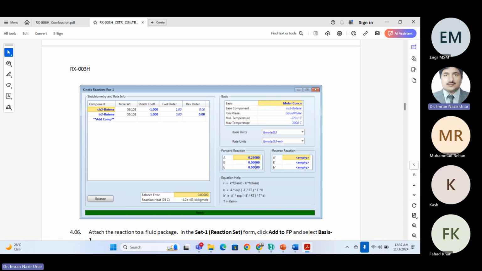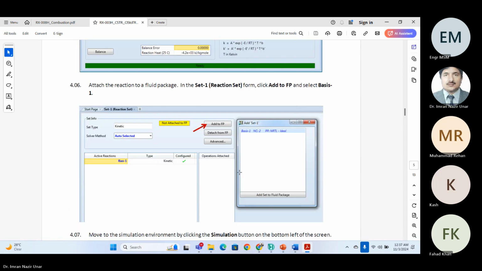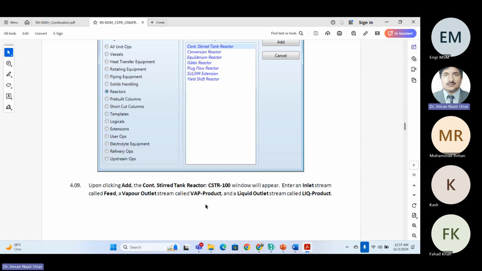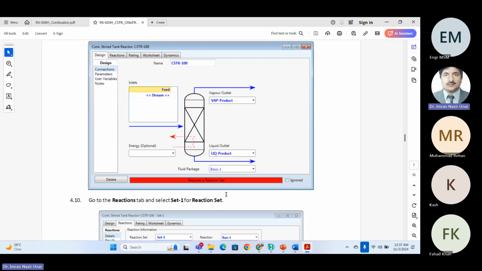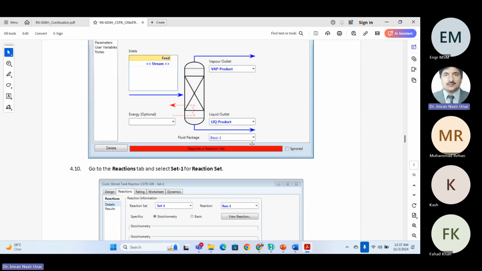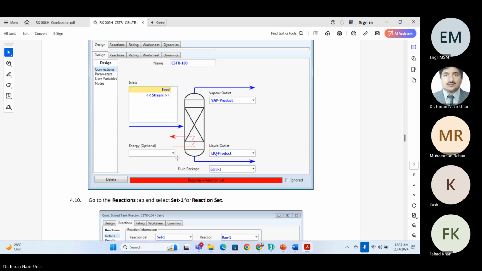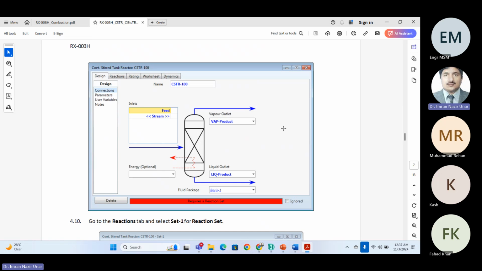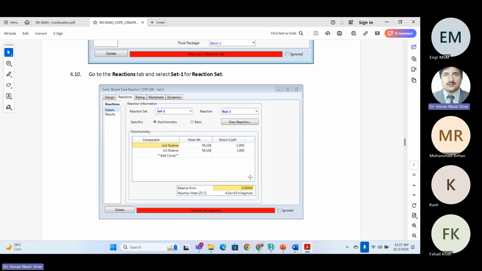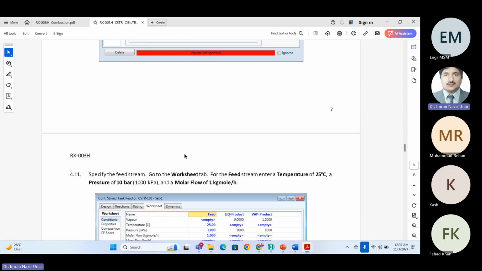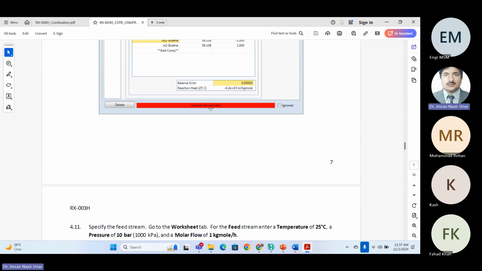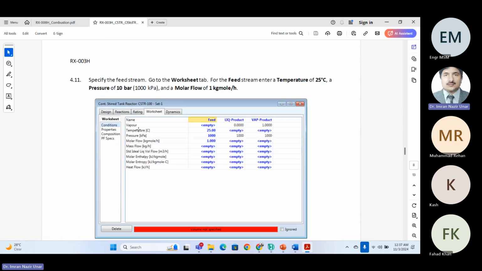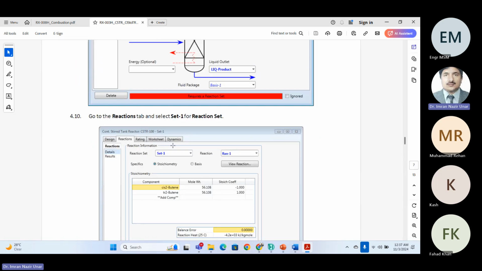Okay, after doing this, it says reactors, and a CSTR reactor is added, and in the CSTR there are the usual feeds and liquid product and this and that. After defining this, when it says this reaction rate set is there, it asks you about the volume, because you must have the geometric information.